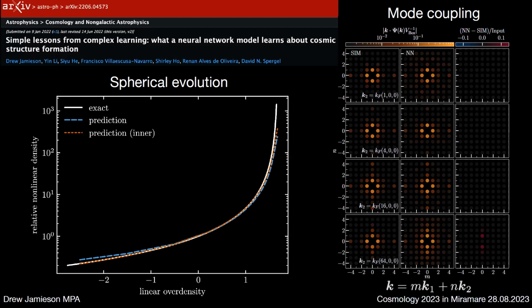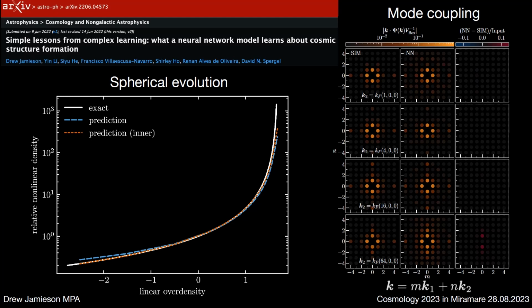And so you do get some errors, which are the blue curve you see here. It's the prediction you get from the neural network. But if you exclude a small shell at the very edge of the overdensity or underdensity, then that fuzzy region is excluded, and it very closely matches the spherical evolution. So it's impressive. It's never seen anything like this before, but it knows how a spherical top hat evolves.